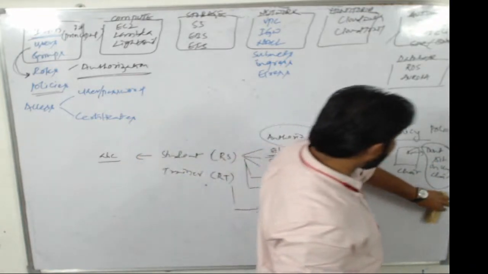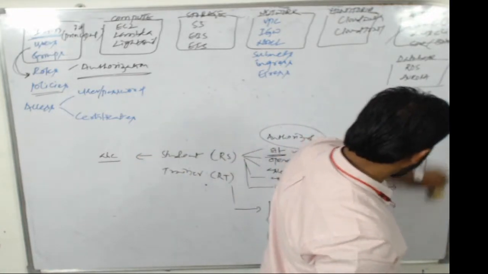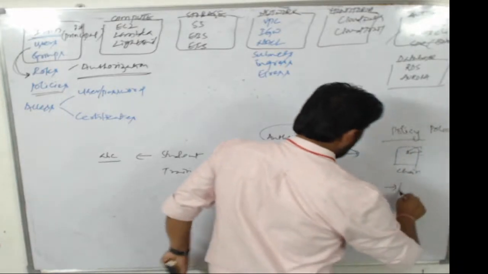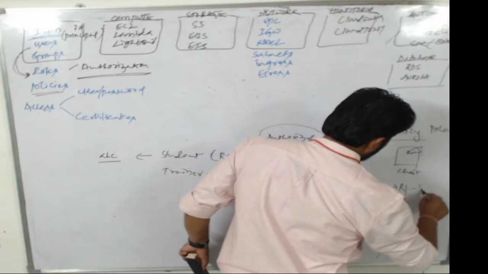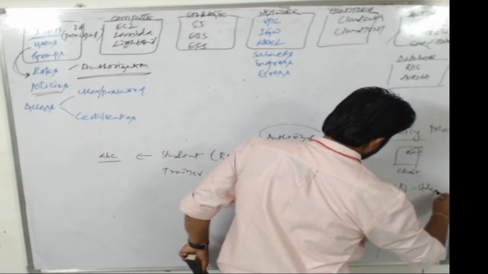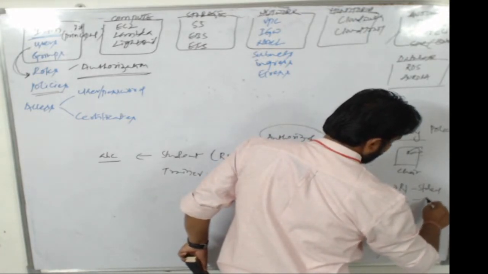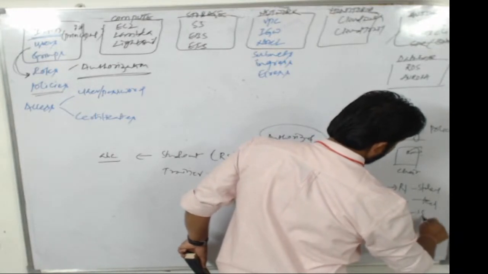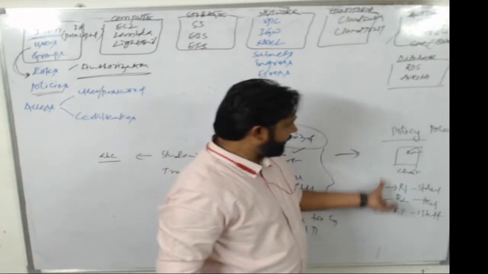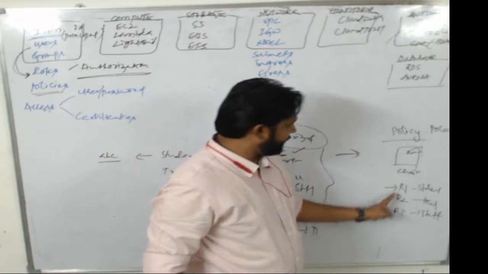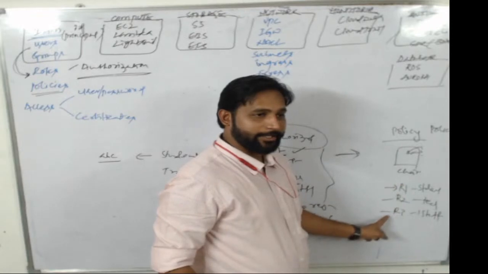So what we have here is a mapping. So role 1, role 2, role 3. Let's say role 1 is student role. Role 2 is teacher role. Role 3 is staff. The policy of the chair has these three roles listed on it.